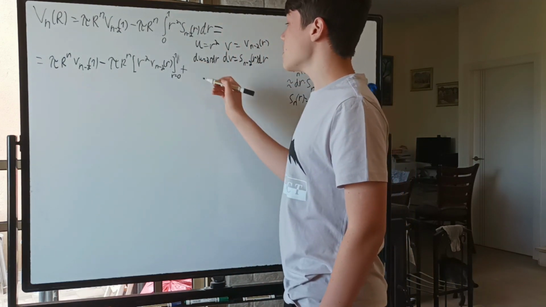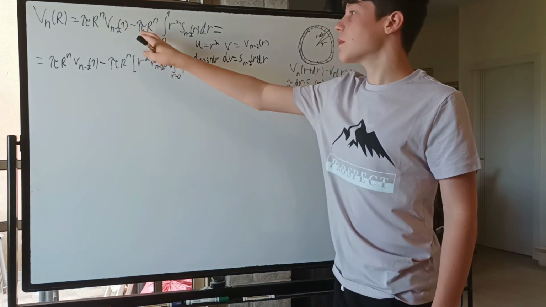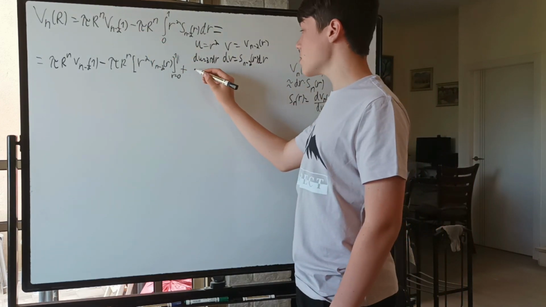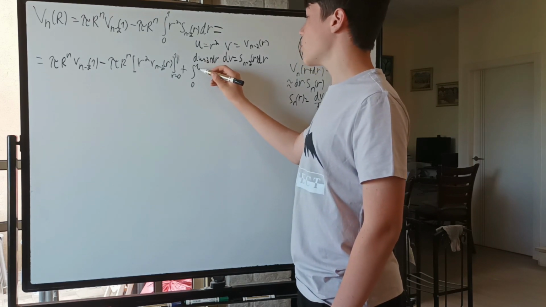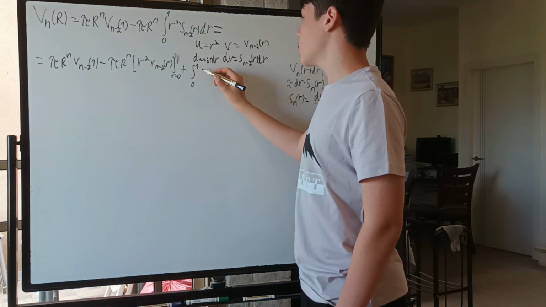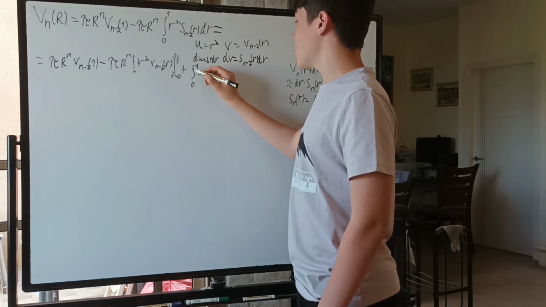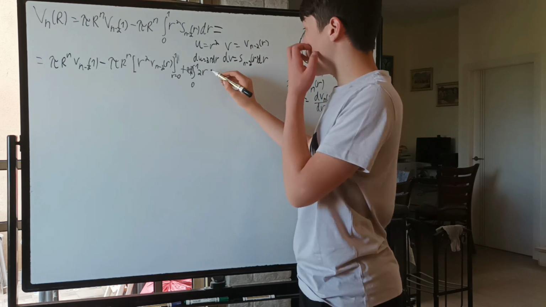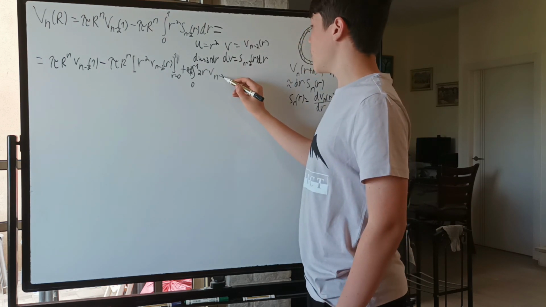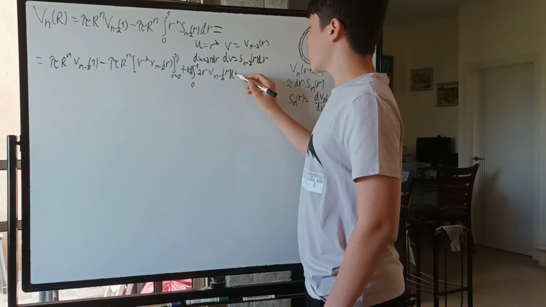And then plus, because at first it was a negative, but this minus turned into a plus, we have now the integral from 0 to 1 of v du. So of course, pi r to the n in the beginning, and 2r V_{n-2}(r) dr.